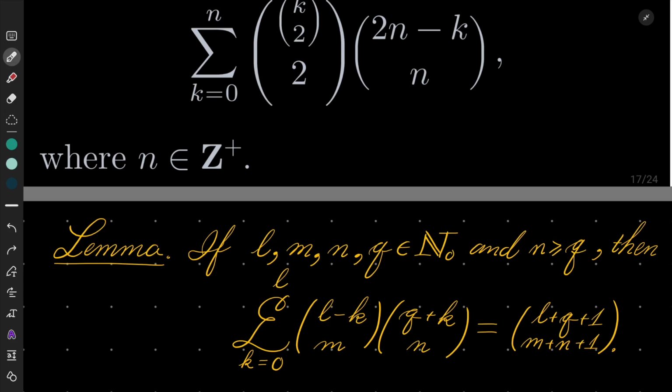So I will prove this lemma. By the way, this lemma is also stated and proved in the textbook which I mentioned, Concrete Mathematics. By the way, it's a great textbook. It's definitely my favorite mathematics textbook about discrete mathematics.